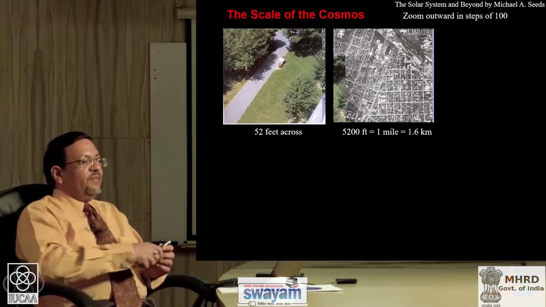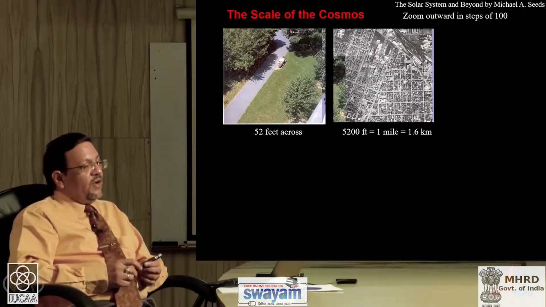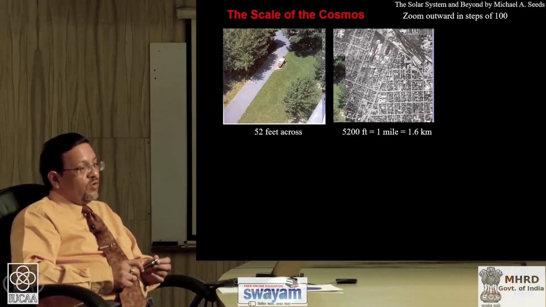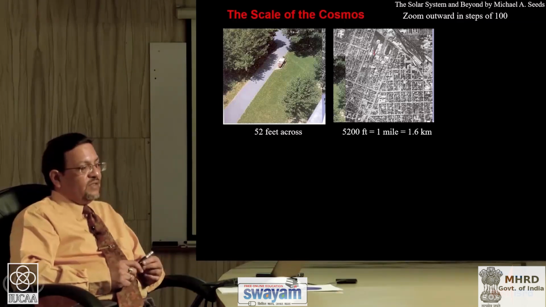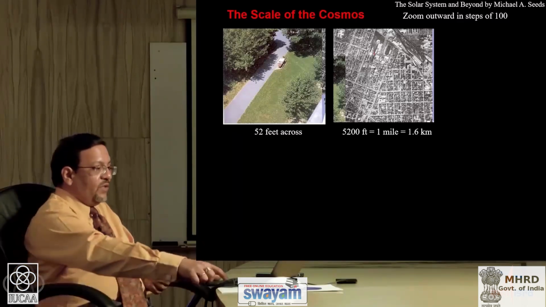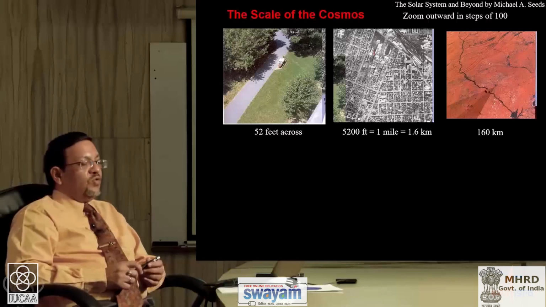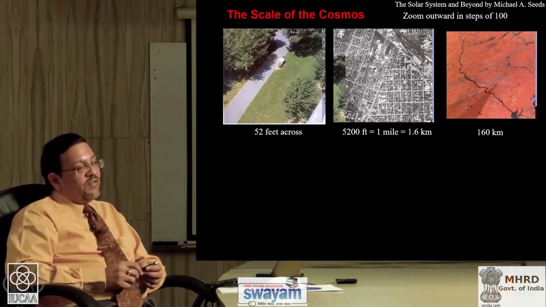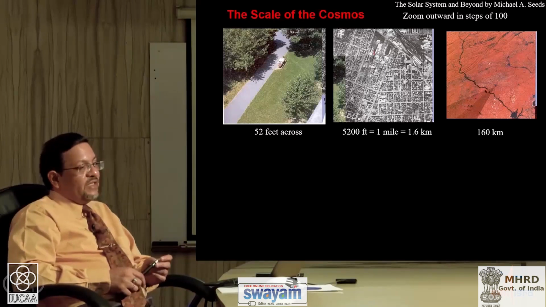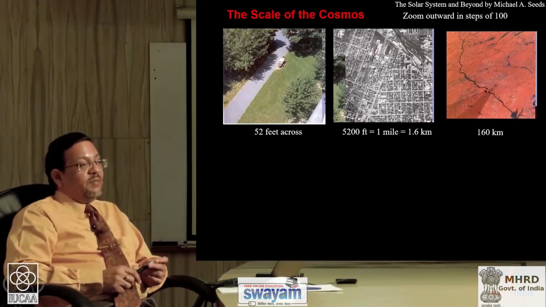Now, you can see the size of a small town or a city, and you can see the roads, you can see some flyovers. If you zoom this further, you go to the dimension of roughly an estate, and you can see in the middle of these red patches black lines, which is nothing but a river flowing across.